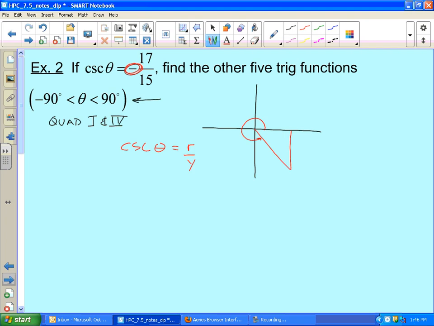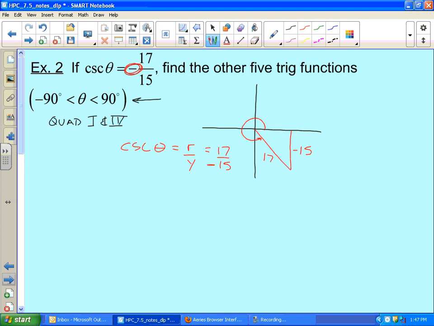And if my r over y is a 17 over 15, the r can never be negative. It's a radius. So that means this negative that's hanging out in front there is actually for the 15. So it's a 17 over negative 15. We can put those parts of the triangle in here. There's my radius. It's always the hypotenuse. The negative 15 is the y part of the triangle.